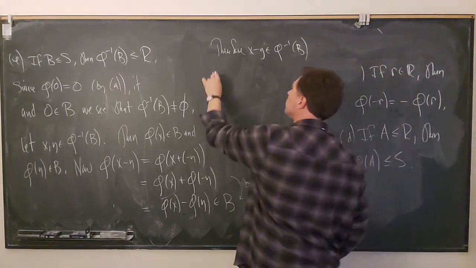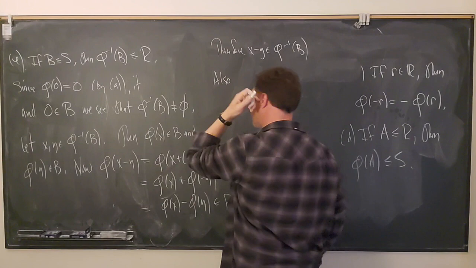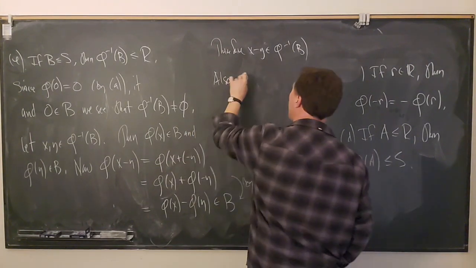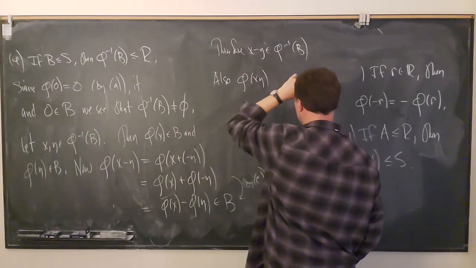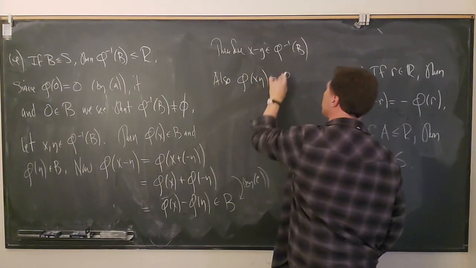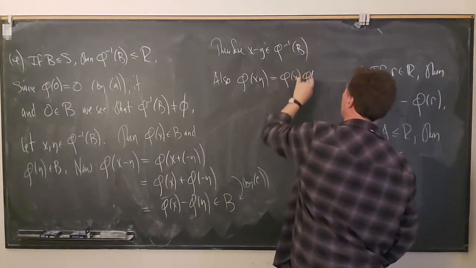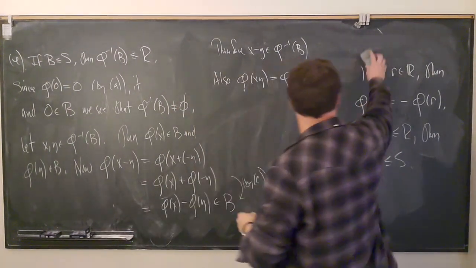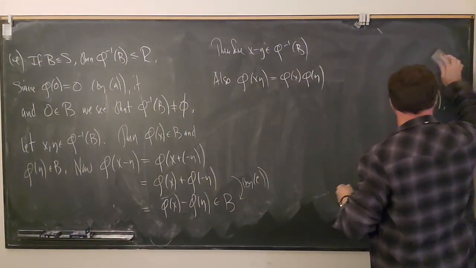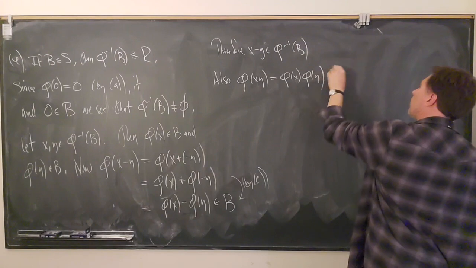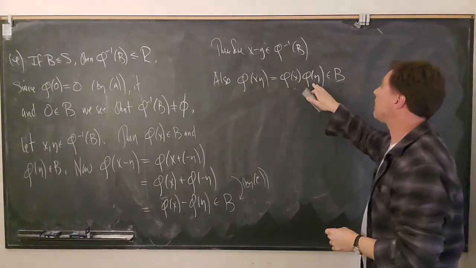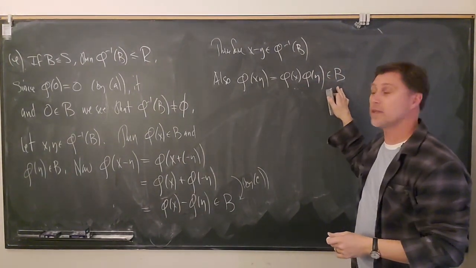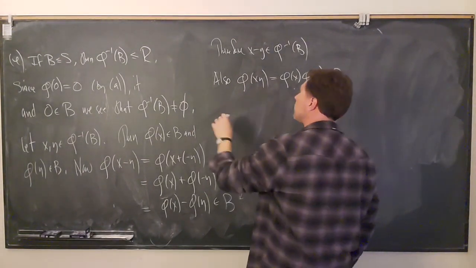Also, if I look at phi of x times y, that's equal to phi of x times phi of y. That's an element of B, because both phi of x and phi of y are elements of B, and we know that B is closed under multiplication.